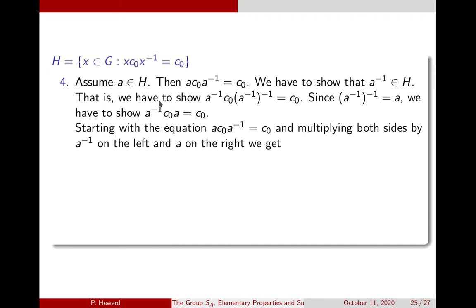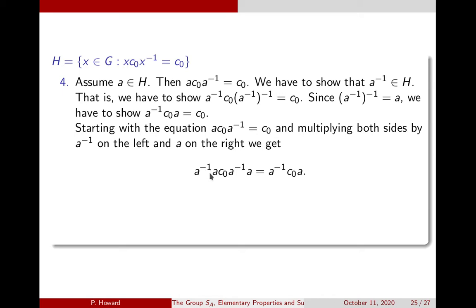So we're multiplying this side of the equation by A inverse on the left and A on the right, and we're multiplying this side of the equation by A inverse on the left and A on the right, which gives us A inverse A C0 A inverse A equals A inverse C0 A. Sorry, we're multiplying this equation by A inverse on the left and A on the right, giving this equation.